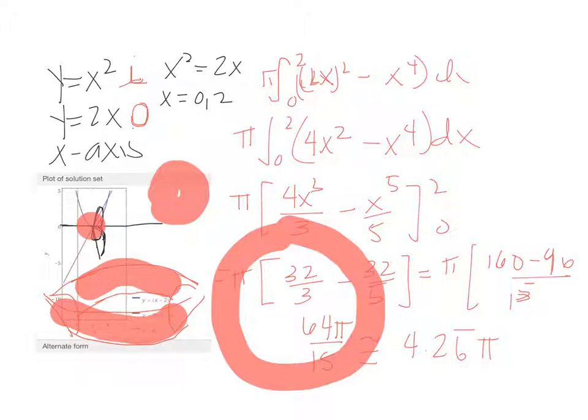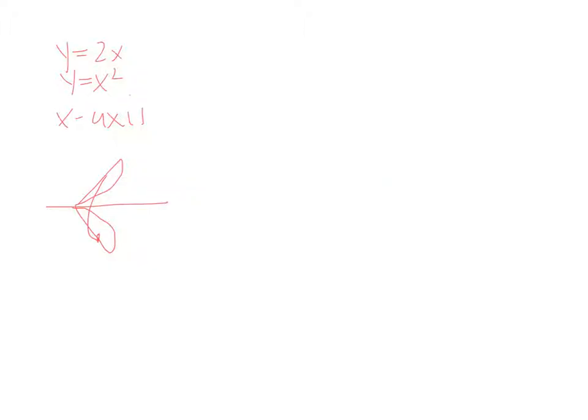So there we go. So now on the next slide, we're going to go ahead and set it up again, and I'm going to set it up for a shell problem, and we'll solve it from there. So here is my very crude picture here. And if I draw my shell, I can see clearly that it's going to be a dy.